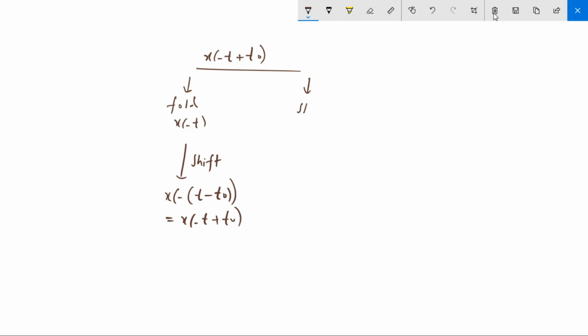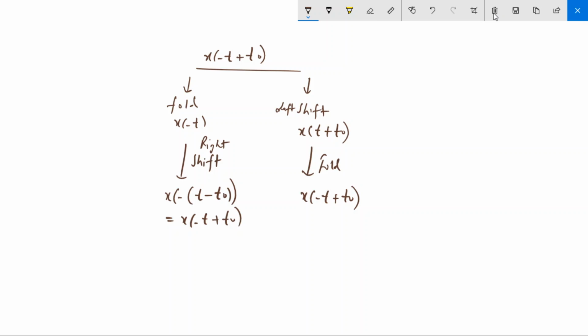Or if you first shift it, so this shift should be what? Now since it is t plus t naught, you have to shift it to the left. If you start from the shifting operation, you will get x(t+t naught), and then you fold it, you will get x(-t+t naught).